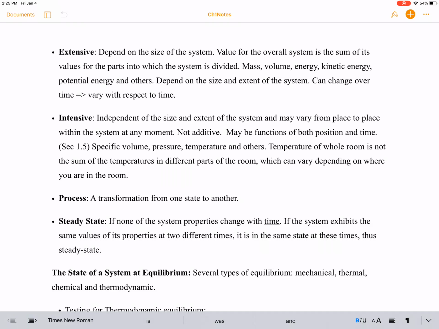It may change a little because you may have cooler air next to hotter air and they blend somehow, but it would be a very small amount of change. It definitely doesn't double by doubling the volume. So temperature is an intensive property. So are specific volume and pressure.